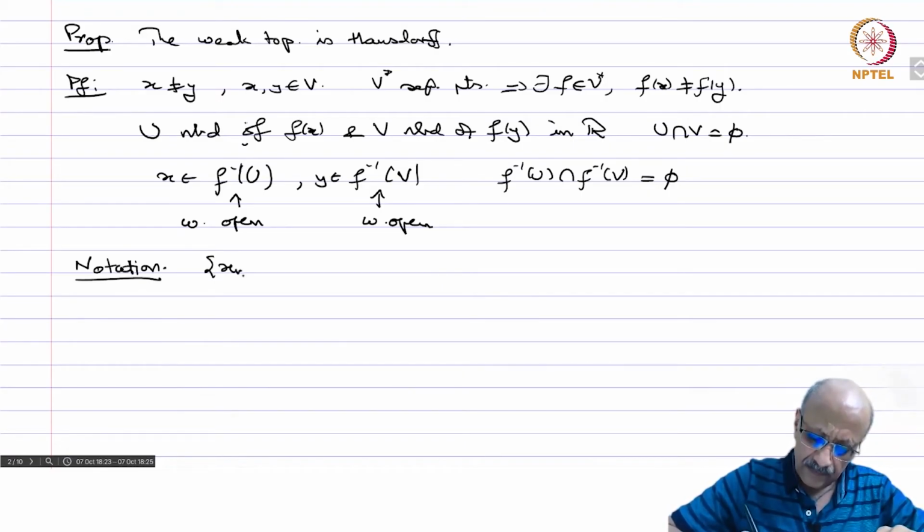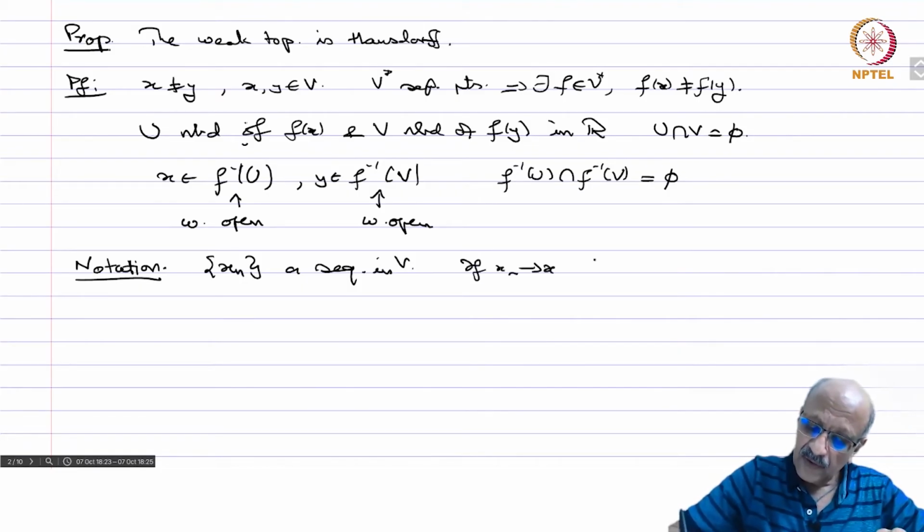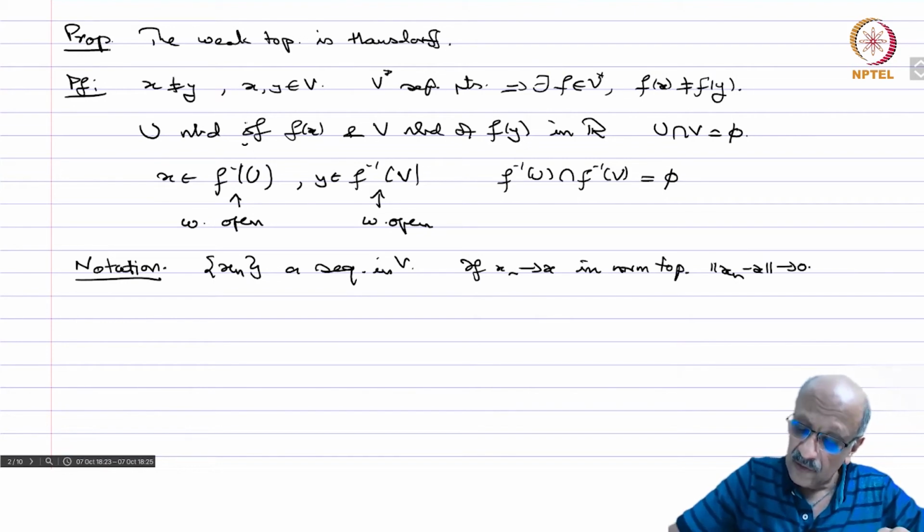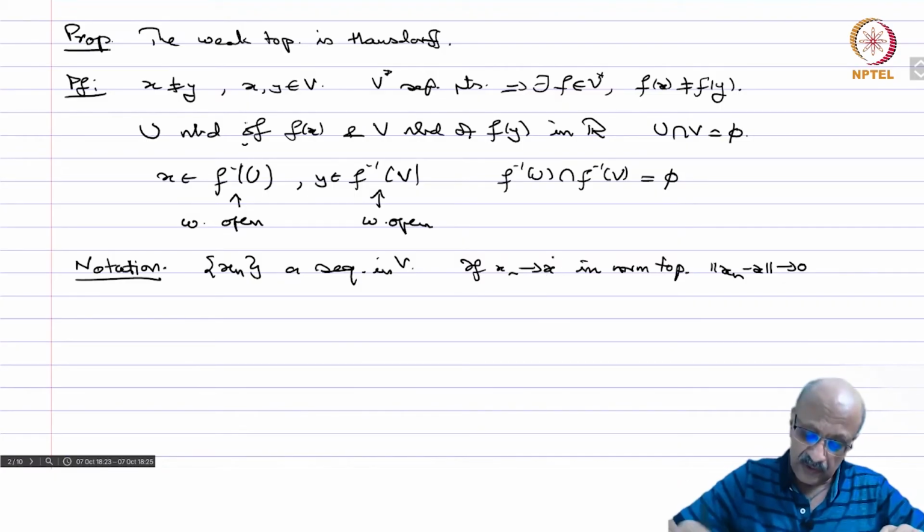So x_n is a sequence in V. If x_n goes to x in the norm topology, what do you mean? That is, ||x_n - x|| tends to 0 as n tends to infinity, then we write x_n → x.